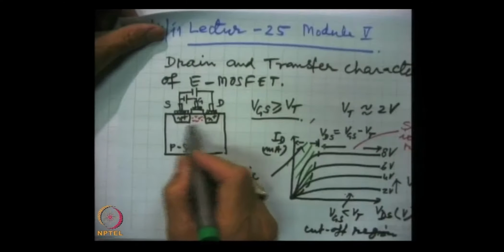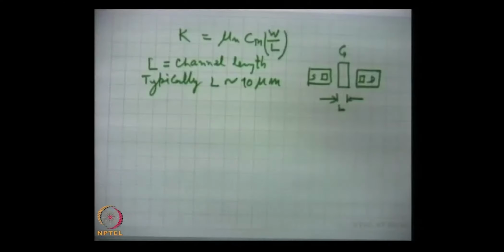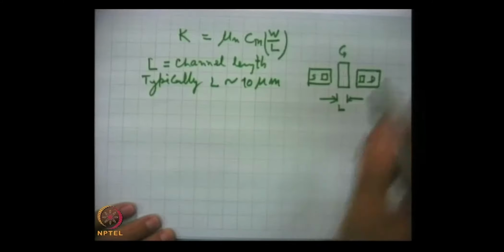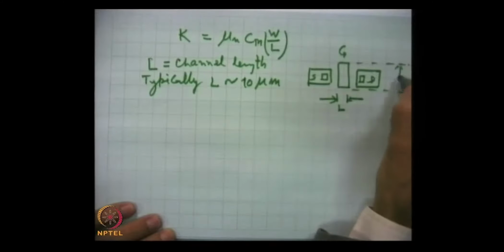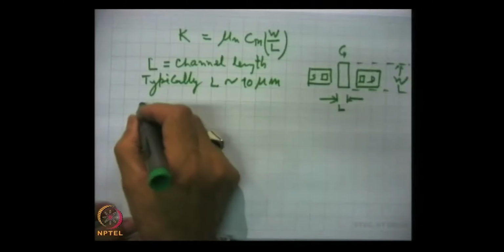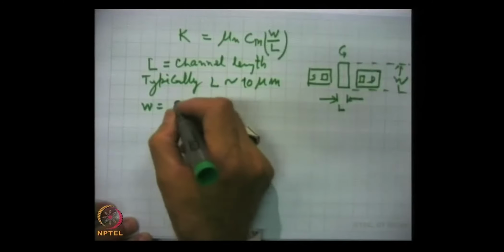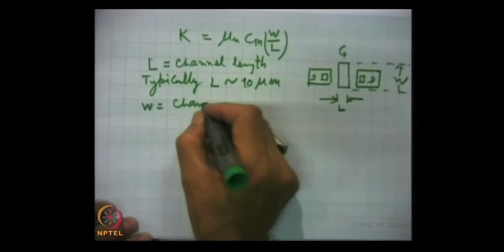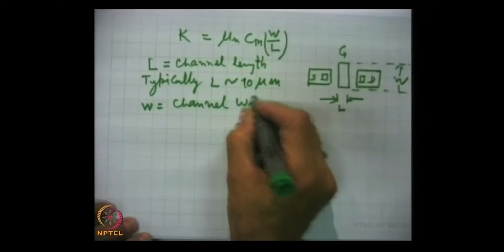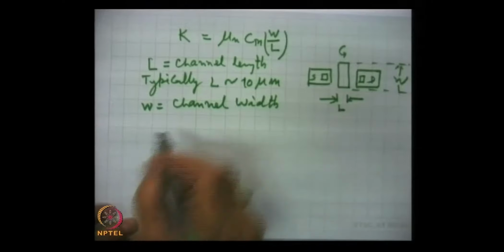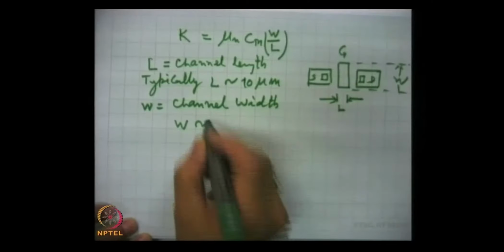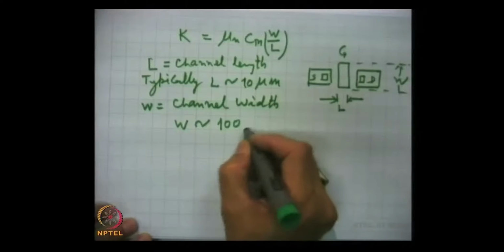So, this is the channel length L, and W is here. W is channel width, and typically W is of the order of 100 micrometer.